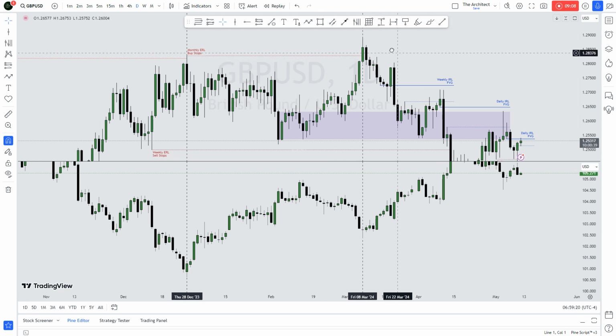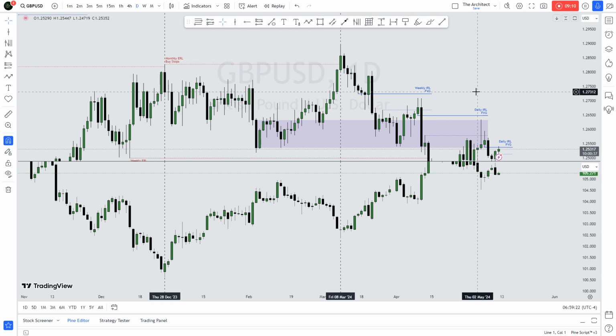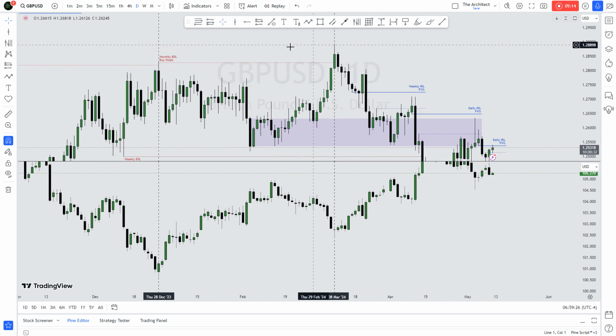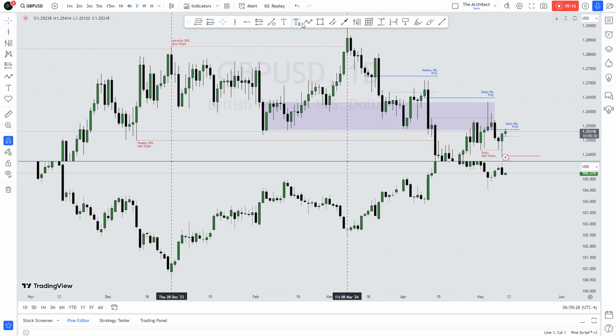So automatically we get an understanding that this right here is not a retracement, but it is a reversal. So it's reversing on the GBPUSD, and on the DXY, it's also reversing to continue towards the upside, right?